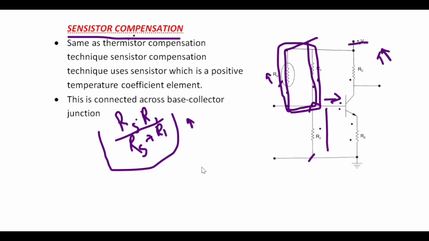This compensates the collector current: the increase in collector current because of temperature is offset by the decrease in base current. In this way, the sensistor also compensates the increase in collector current. These are all the compensation techniques, and we have discussed diode, thermistor and sensistor compensation techniques.